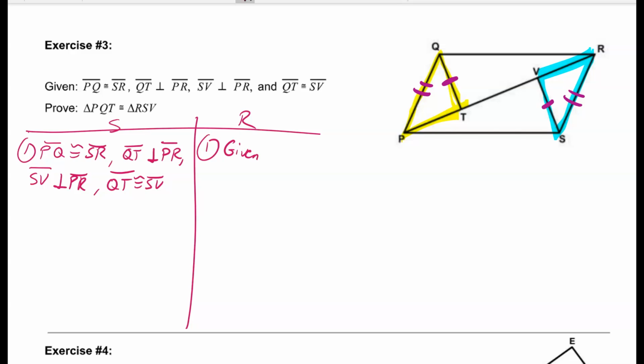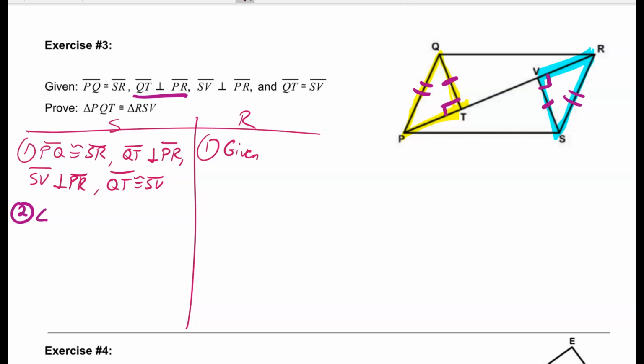So it looks like I've already got two sides. If I'm thinking about hypotenuse leg, if I could prove that those are right angles right there, I'd be done. And lucky for me, they tell me that QT is perpendicular to PR. So I know that that has to be a right angle right in there. And I know that SV is perpendicular to PR as well. So that has to be a right angle right there. So it looks like the only thing that I wrote down in my picture that wasn't in my givens were those congruent right angles.